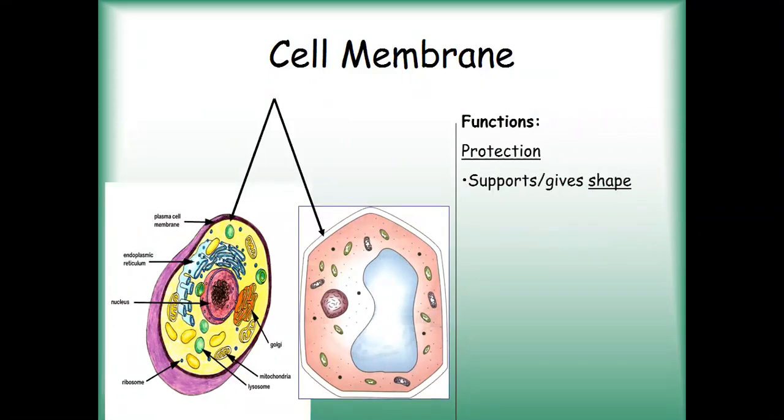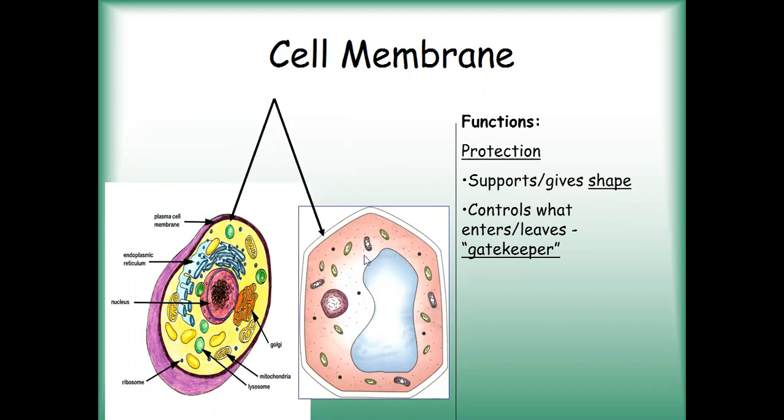Now let us see the functions of the cell membrane. The first and foremost, the most important function of the cell membrane is protection. In the animal cell, it is the outermost membrane. In the plant cell, we have the cell wall as the outermost layer. So it protects all the inner organelles that are present inside the cell. It gives support and shape. The cell membrane always gives support to the plant and the animal cell, and it controls what enters or leaves the cell.